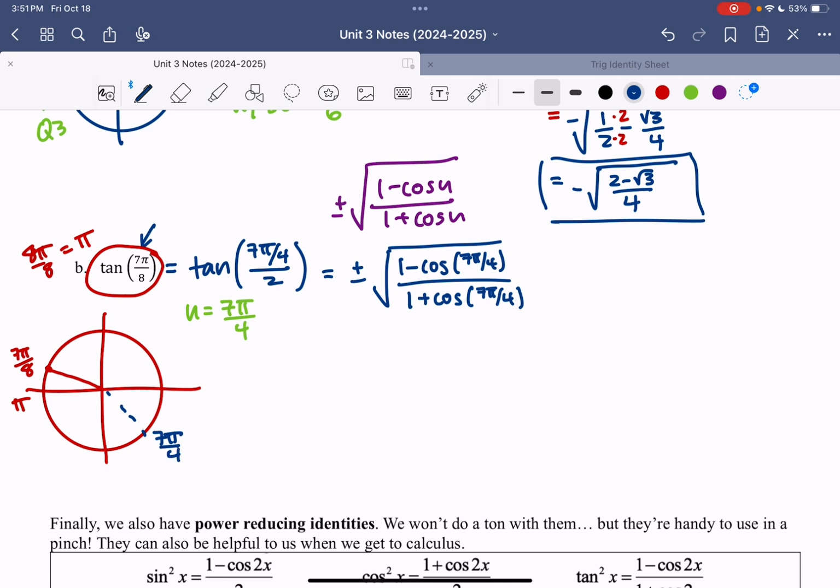I know that since this is quadrant 4, our cosine values are going to be positive, and then 7 pi over 4 is coterminal with pi over 4. So this will be equal to plus or minus the square root of 1 minus positive square root of 2 over 2 over 1 plus the square root of 2 over 2.